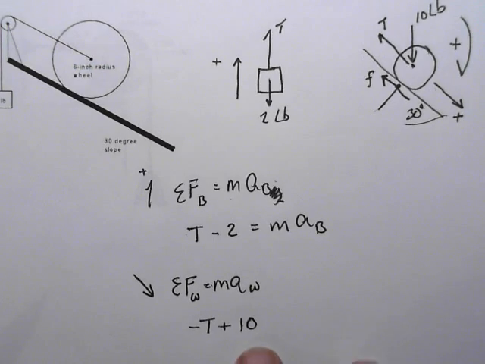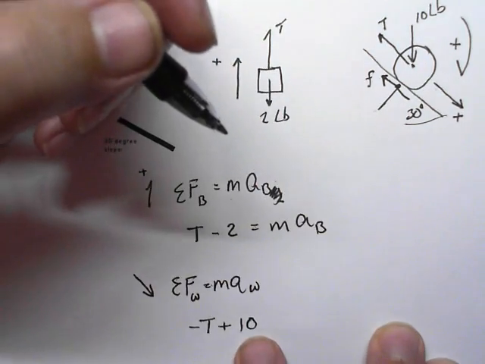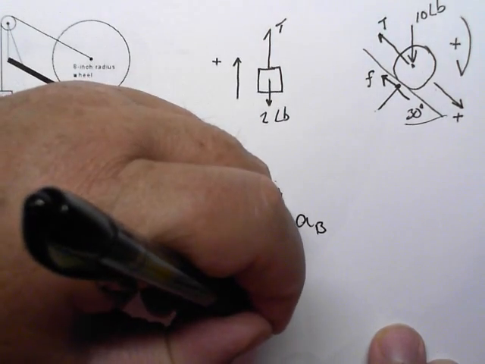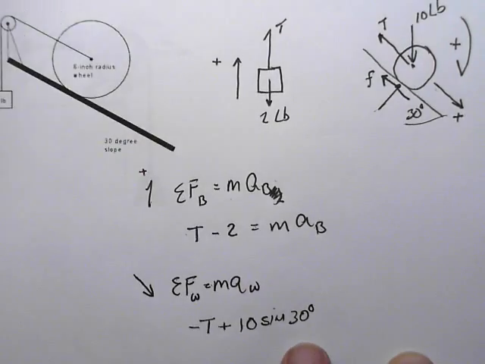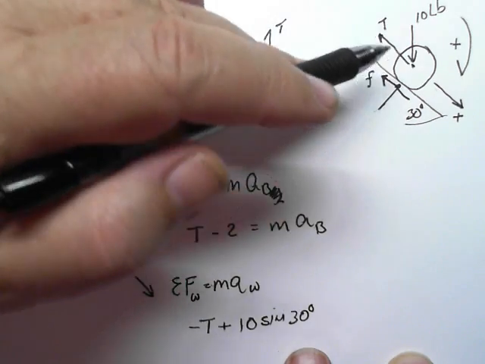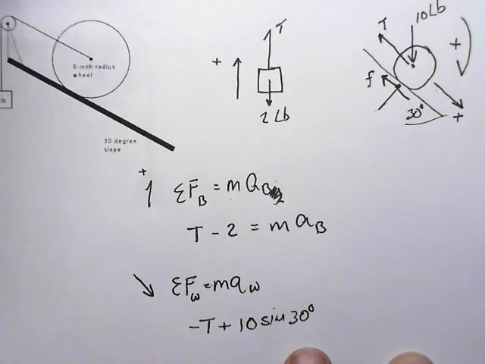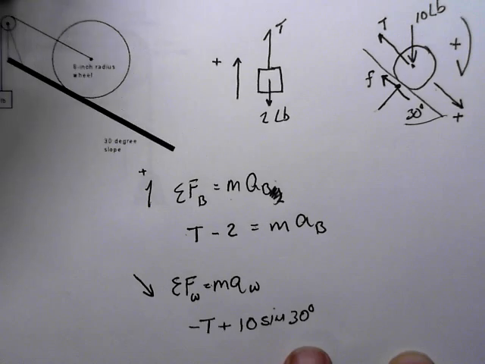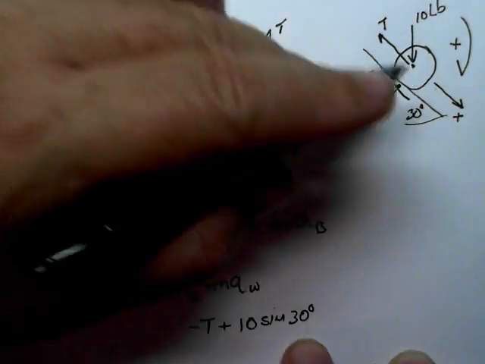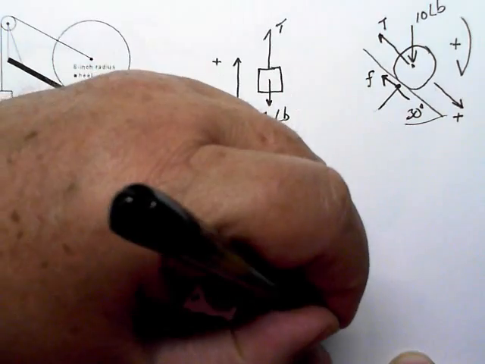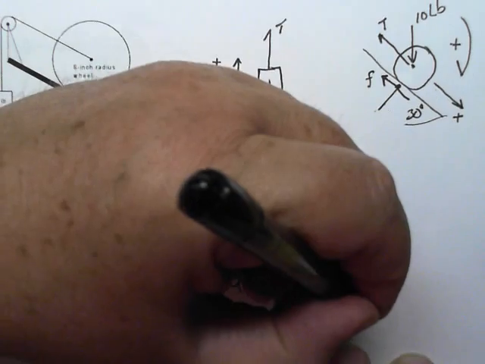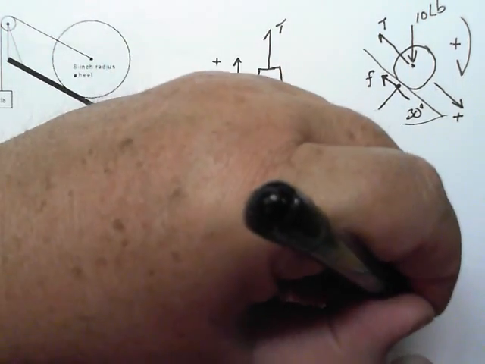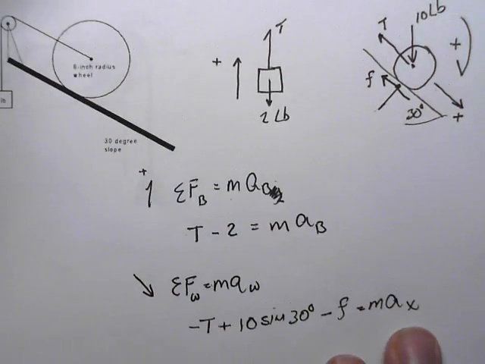So our gravity force down the hill will be mg times the sine of the 30 degrees. We have tension acting up, we have gravity pulling us down the hill, and so gravity is positive for this sign system, and then we have minus our friction term is equal to the mass times the acceleration in the x direction.